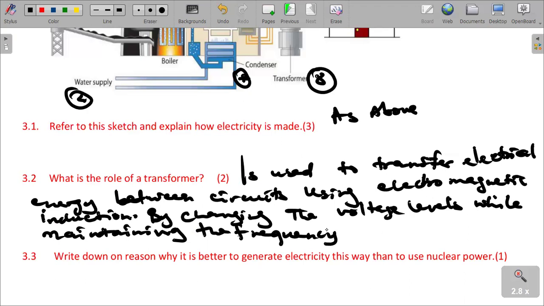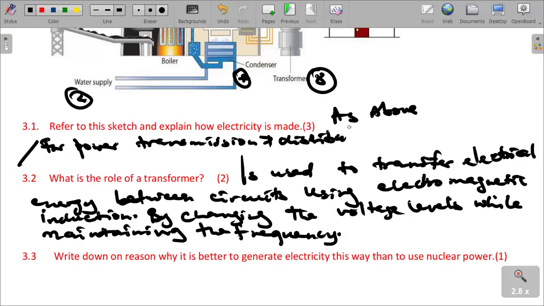Basically, the transformer is also important and efficient for power transmission and distribution. That is one other additional point that we can say. That is the simplest reason that we can talk about in terms of the transformer.